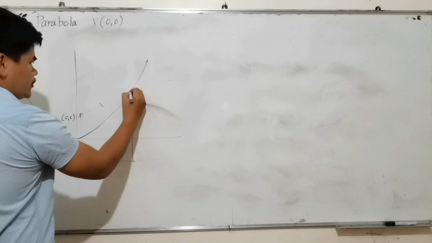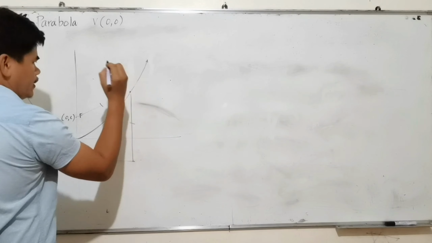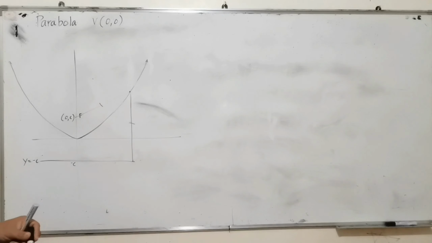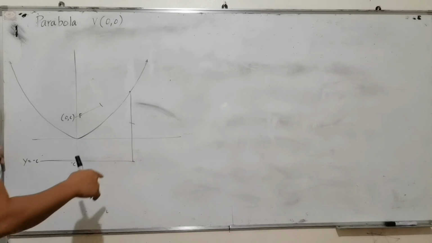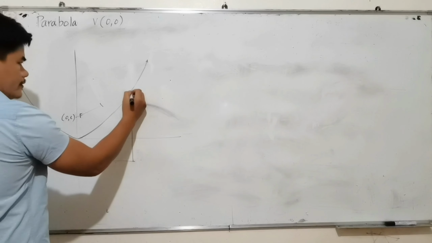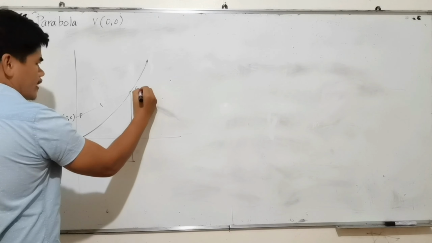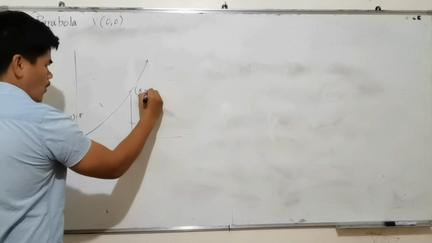Now what is the ordered pair for this point here? We don't know what this is, right? So we'll assign this as (x, y).